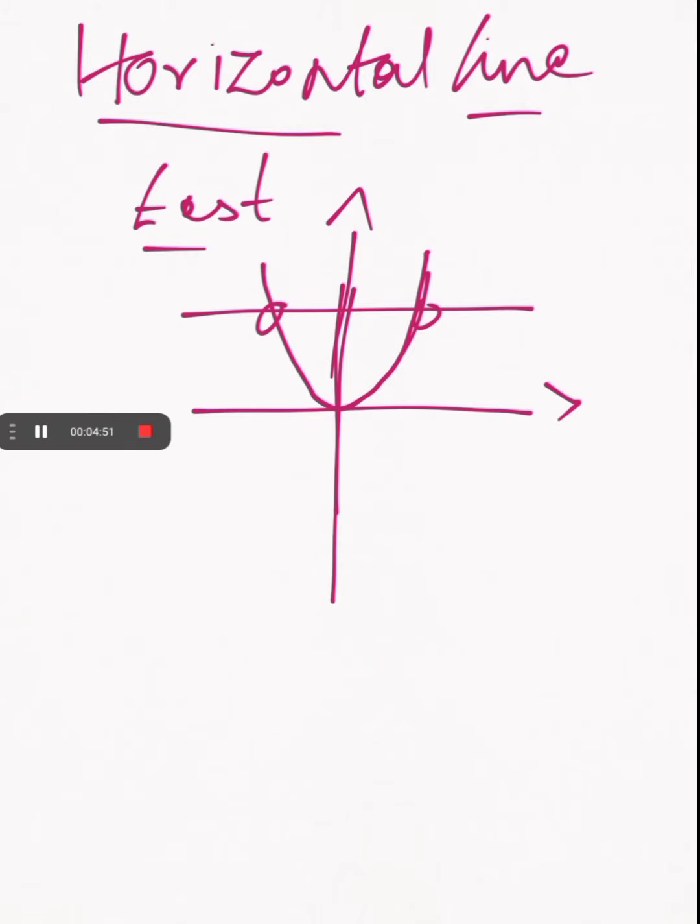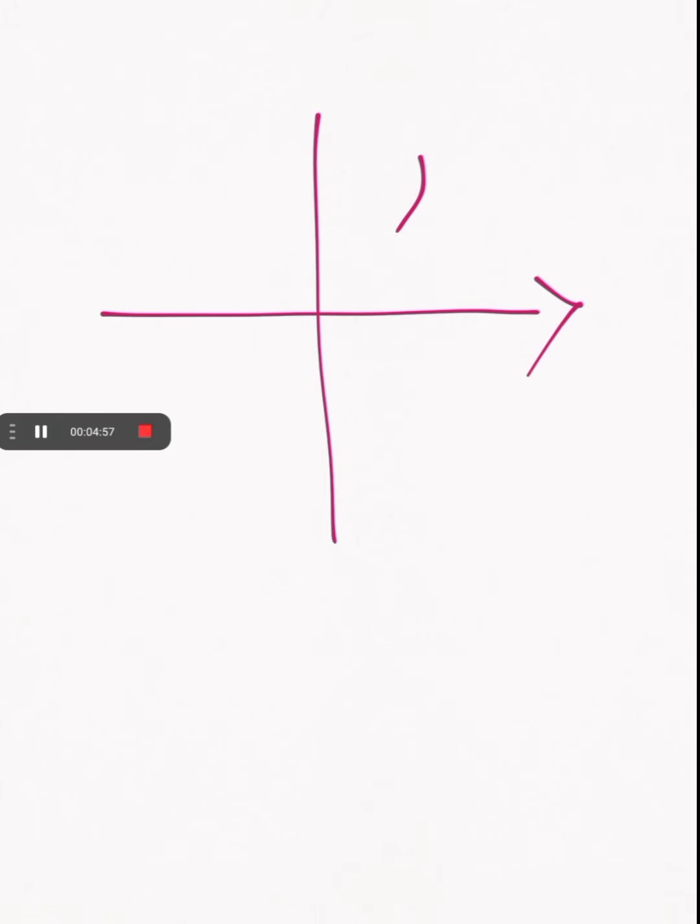Okay, I will draw another graph. This is the x-axis, this is the y-axis. Here I need to check whether this graph is a one-to-one function. First, we need to know this graph is a function, right?